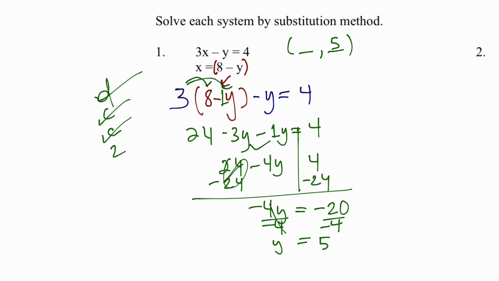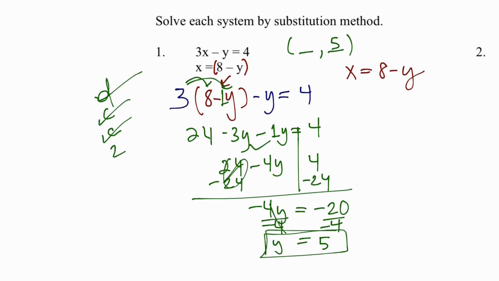Okay, so in my point, I have my x and my y, and I now know that y equals 5. Now let's figure out what x is. So I'm going to take my equation, class, that is either x equals or y equals. In this case, it's x equals. So I'm going to write that equation here, x equals 8 minus y. Okay? So instead of the y, I now know that y equals 5.